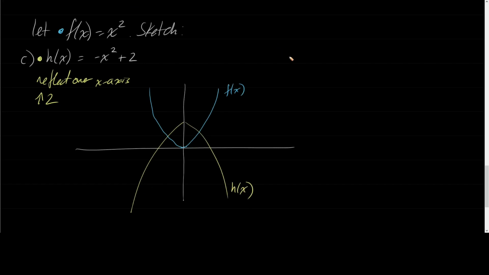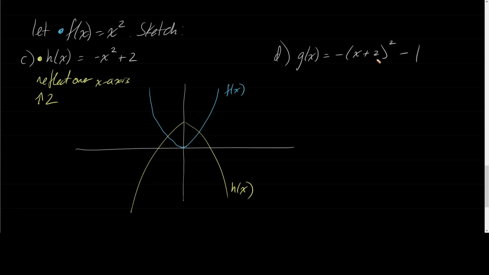Next one. So D. Let's say that we had something like g of x is the negative of x plus 2 squared minus 1. All right. Now in here, well, what's actually happening here?